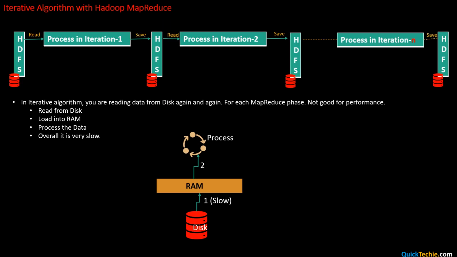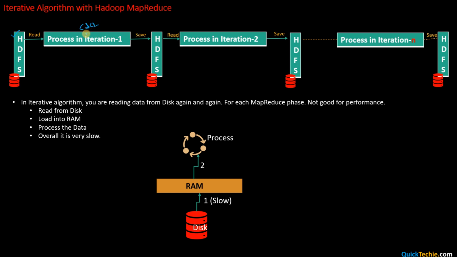Okay. Now let's move and understand what an iterative algorithm is. You would have already heard that Spark is very good for iterative algorithms. So what are iterative algorithms? Let's try to understand first. Suppose you read some data from the HDFS file system and you do some calculation, let's say calc 1.